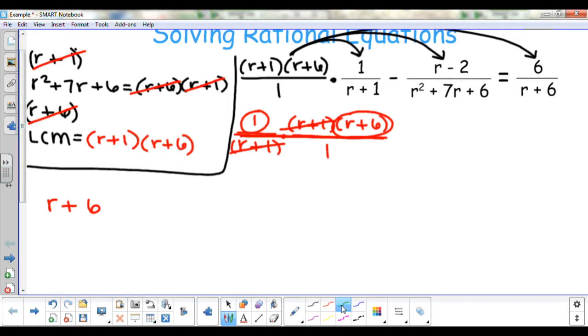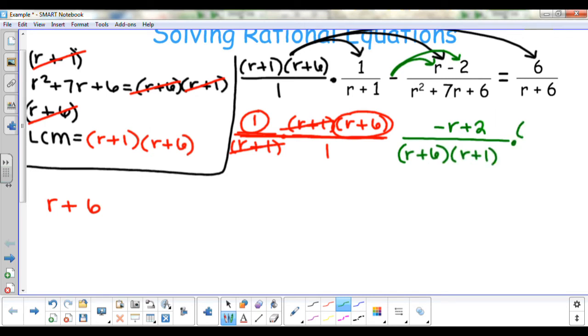Then I can multiply with the second fraction. Now the second fraction I am subtracting, so that subtraction sign needs to distribute to the positive r and the negative 2, and it's going to change its signs to a negative r plus 2. My denominator in this fraction is r squared plus 7r plus 6, and I want to write the factored terms, so it's going to be r plus 6 and r plus 1.